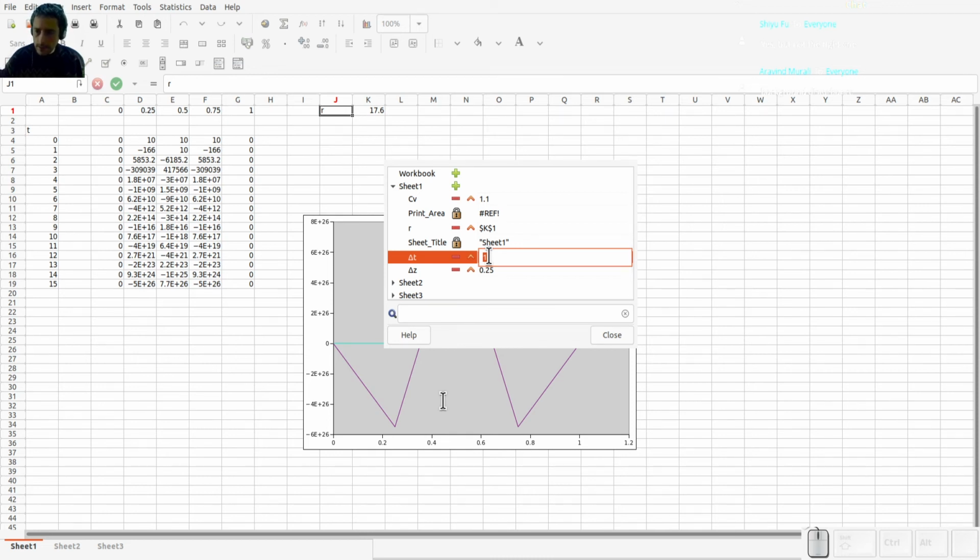To find the delta T, we need delta Z squared over 2CV, so 0.25 squared divided by 2 times 1.10. So we need 0.113 years. If I multiply 0.113 times 12, that's 1.3 months.